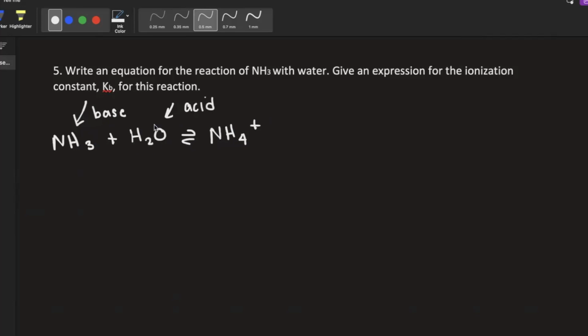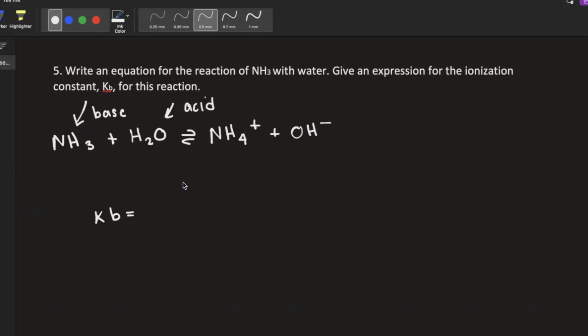And our acid, H2O, is going to be losing a proton. So that is going to become OH minus.